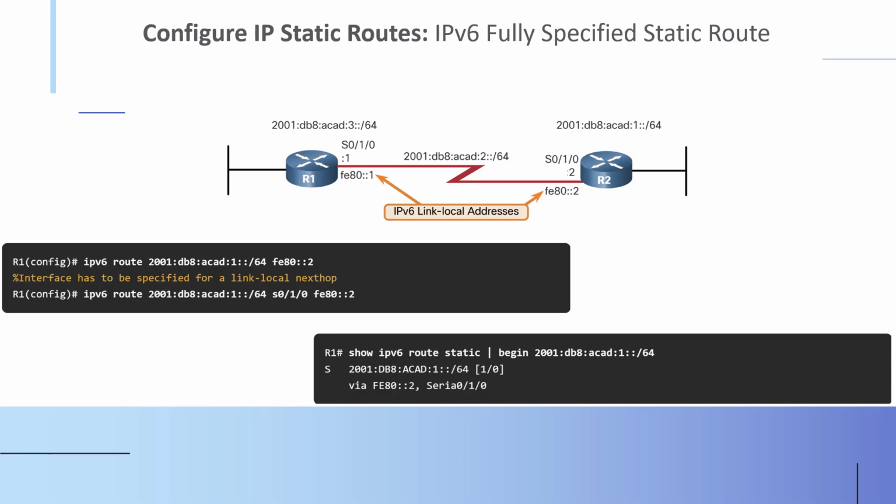So, as in every configuration, we have to verify the configuration that we did in the network, and in this case we did it in router 1, which means that we have to verify the static route that we configured.